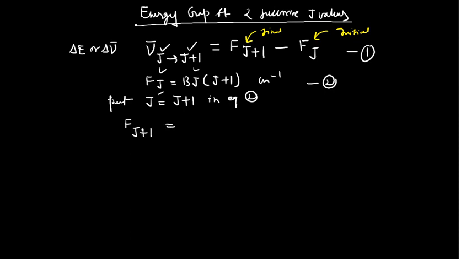This was B, which was already there, and in place of this j you will put j plus 1. Now in the bracket, in place of this j, you will again put j plus 1, and plus 1 was already there in the formula.